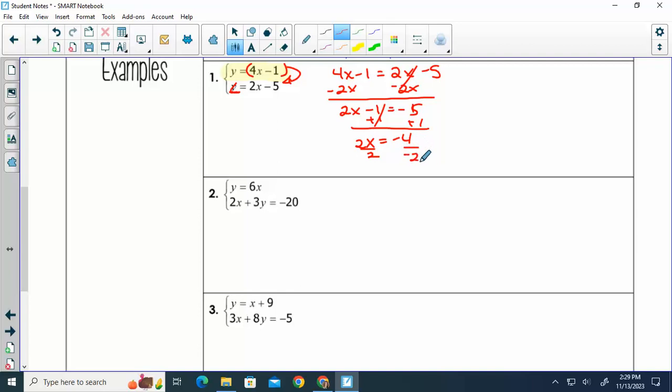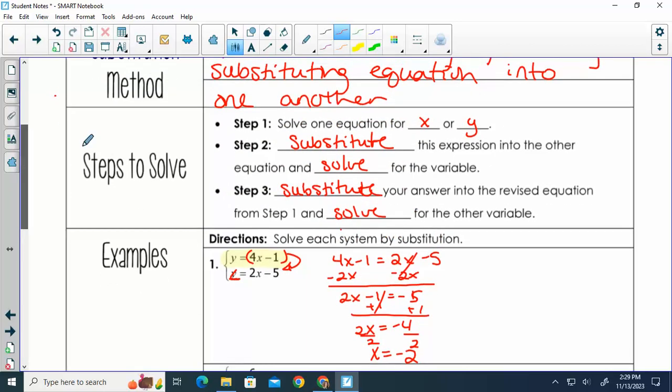Divide by 2. So x is negative 2. Okay. So we had y equals, we substitute that into this other equation and solve.